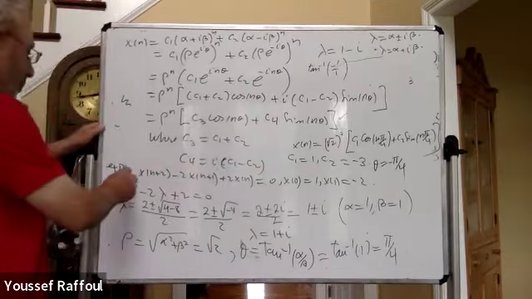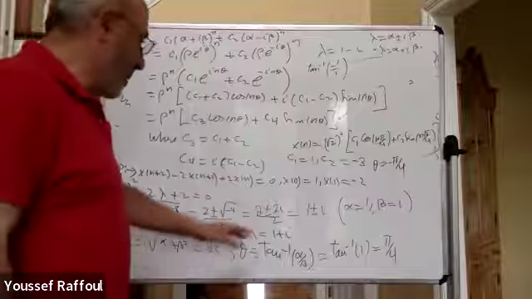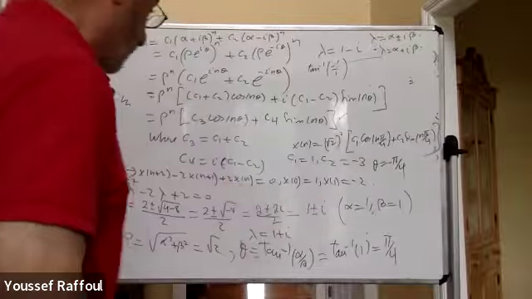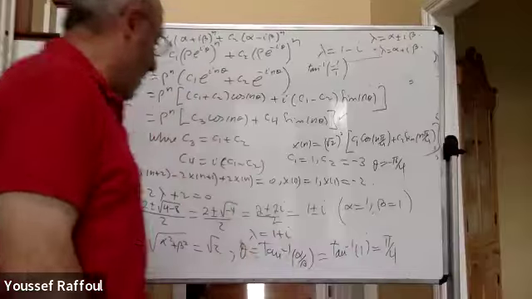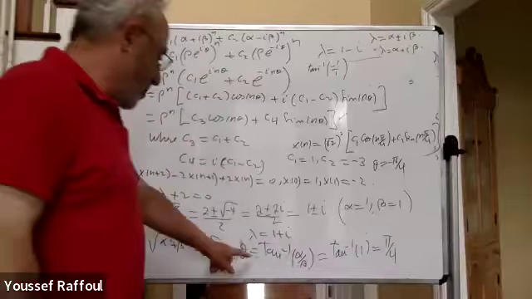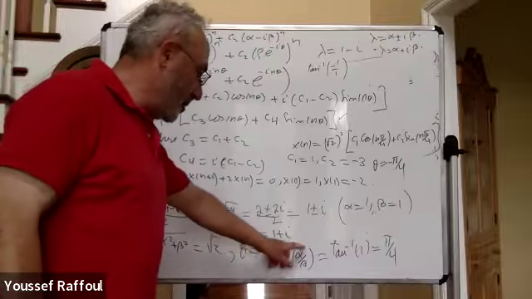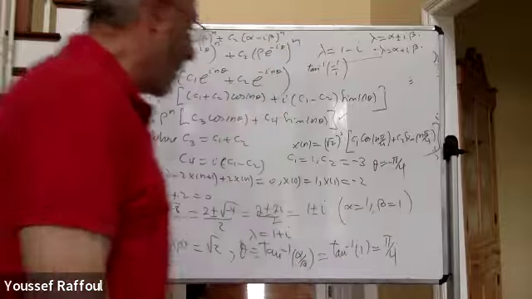Then we did an example, this one, and it turned out to be lambda equal to 1 plus or minus i. So we took lambda equal 1 plus i, and when we chose theta, it turned out to be tangent inverse alpha over beta, that is tangent inverse 1, which is pi over 4.